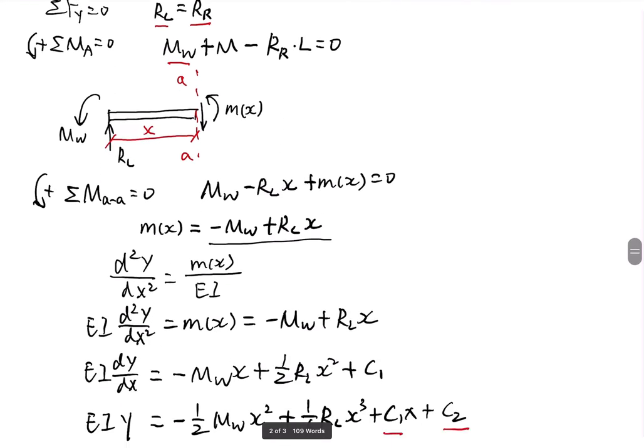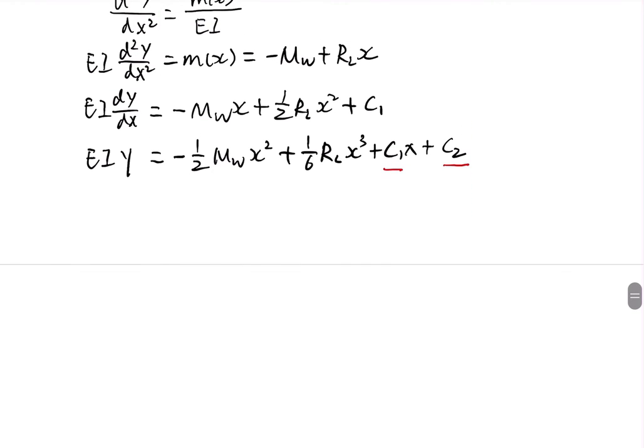So now we apply these two boundary conditions. So x equals 0, y equals 0, then we can solve. If we plug in x equals 0, y equals 0 into this equation, we will find C2 equals 0.